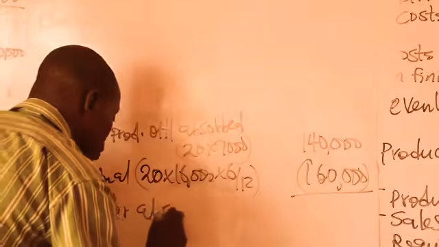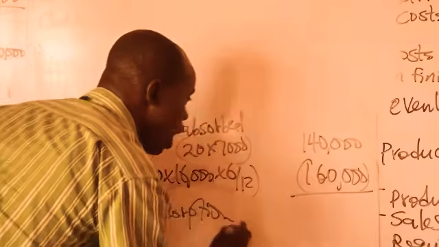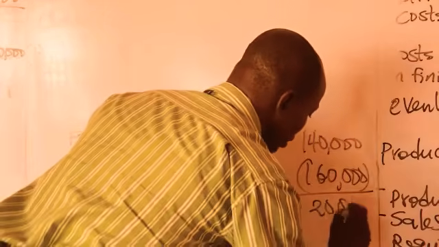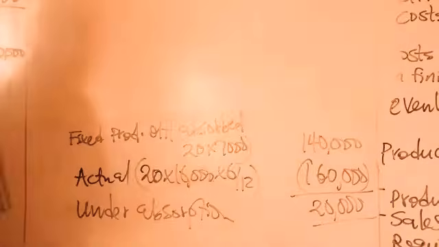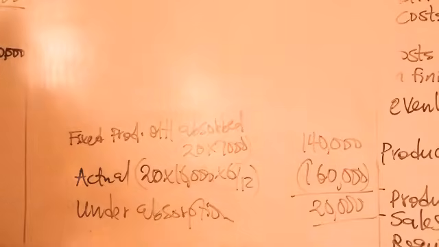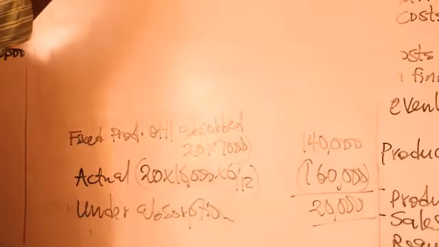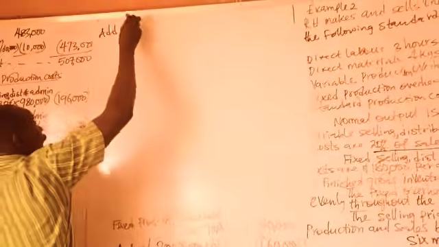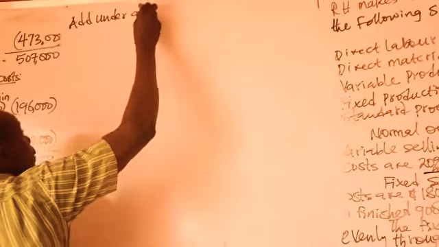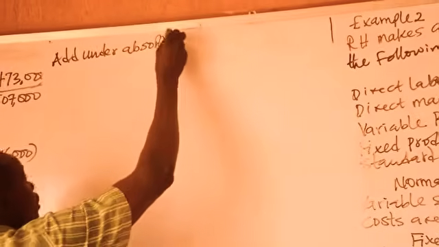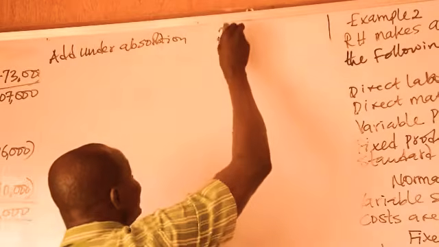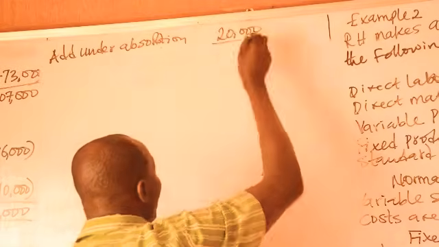Under absorption of $20,000. I've told you that when you have under absorption, you are going to add that. So we add under absorption, which is $20,000.